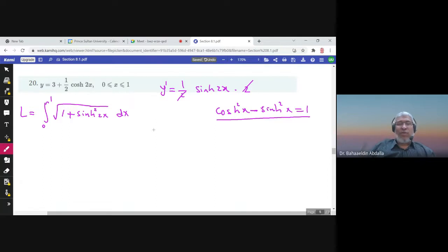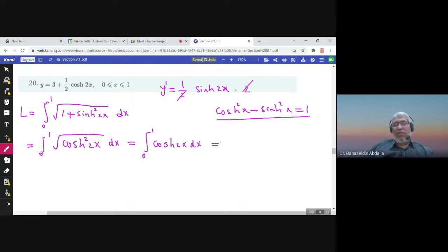So this is a formula to remember, and then you will be able to write 1 plus sinh square as cos square. But I have 2x here, so it's cos square 2x. And as usual, if you write 1 plus y prime square as a perfect square, then the square cancels with the square root, and you will have just cos 2x.